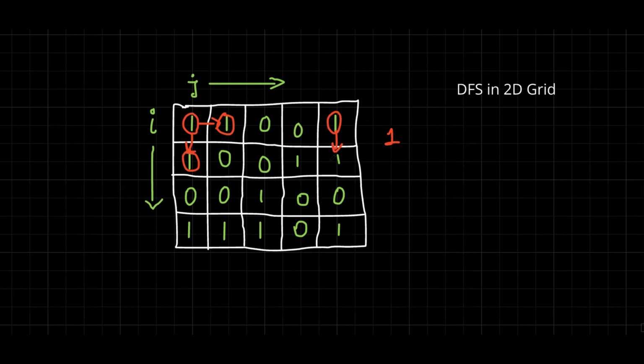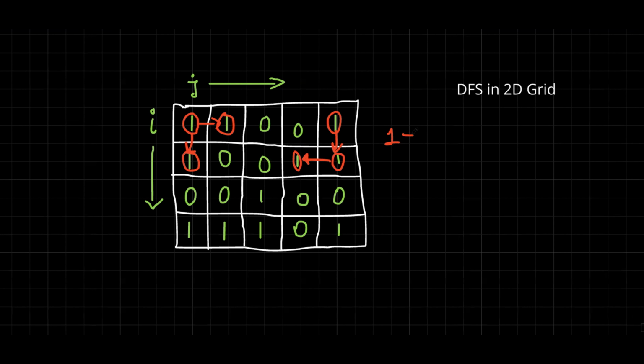And from 1, we will go to its left side, down side, right side, or up side. So here we can see that from this 1, we will make it 0, and this 1, we will make it 0. And from this 1, we cannot move in any of the 4 directions because all of them are surrounded by 0. So this is another island.